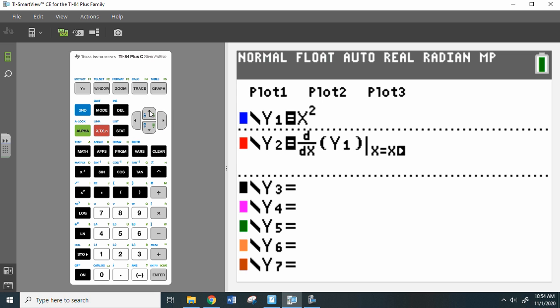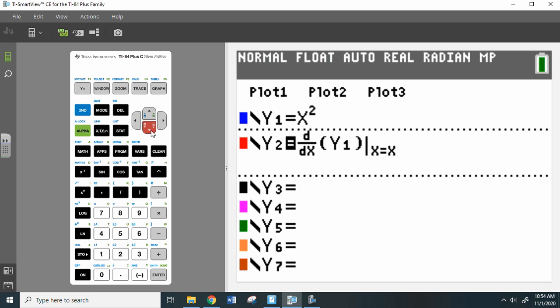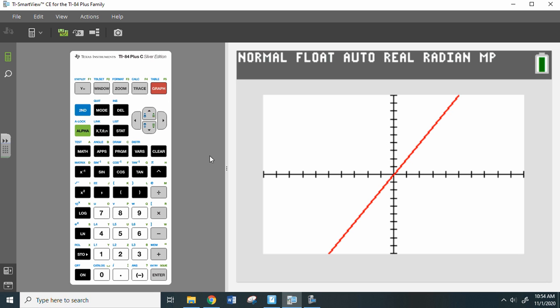Then we're going to arrow up, arrow over to the equal sign and press enter. When we move off of that equal sign, it should be unhighlighted. All that does is it only graphs y2, and not y1 anymore. So if I press graph, there's my graph, and you want to sketch that on your paper.